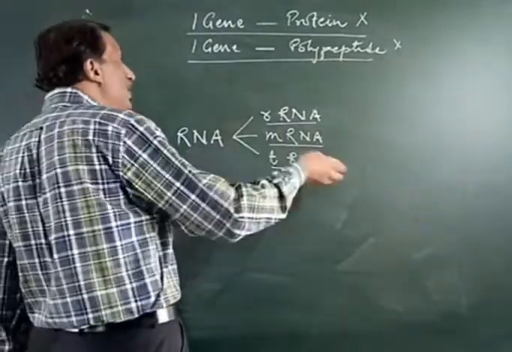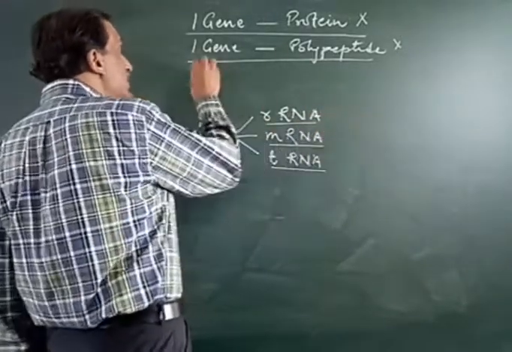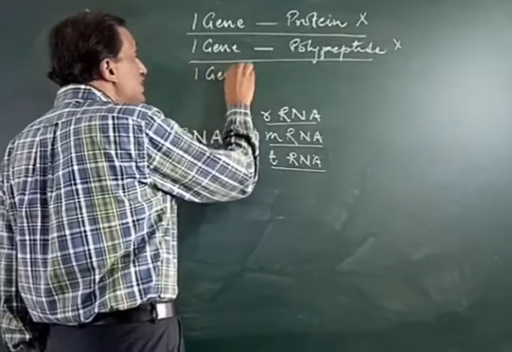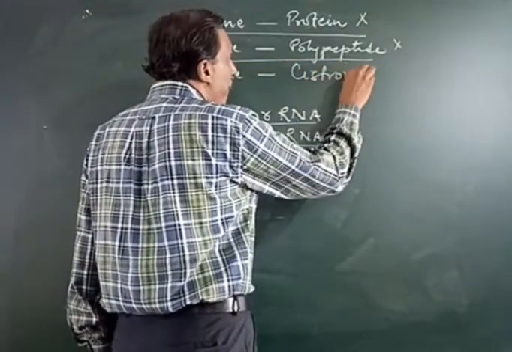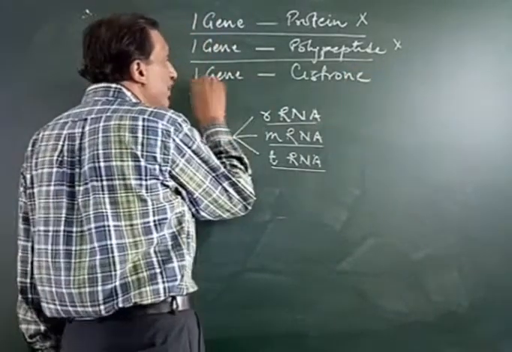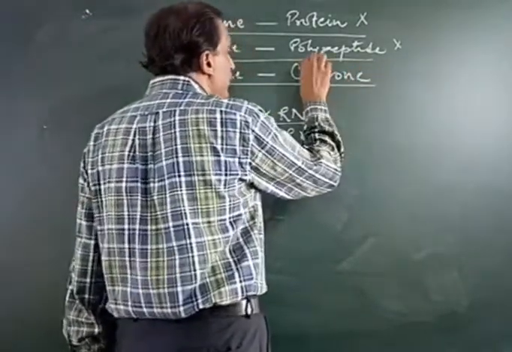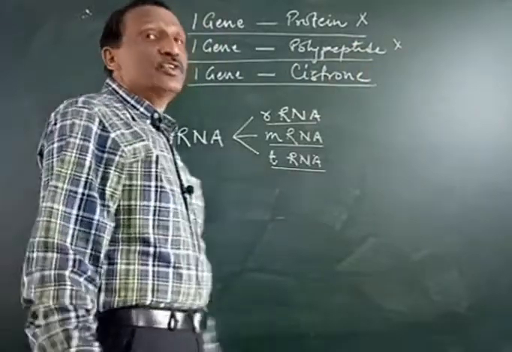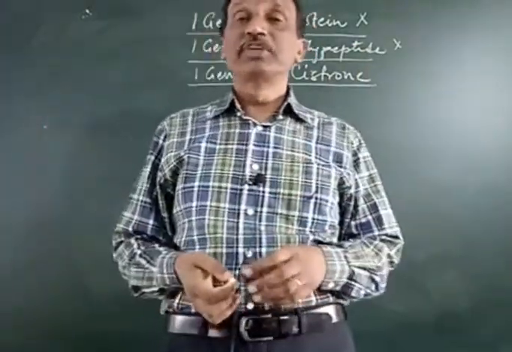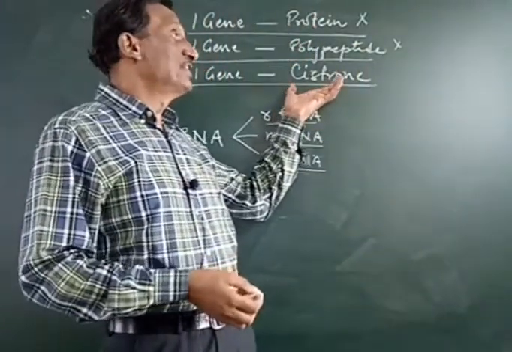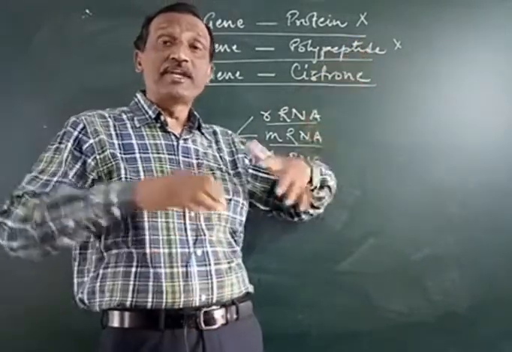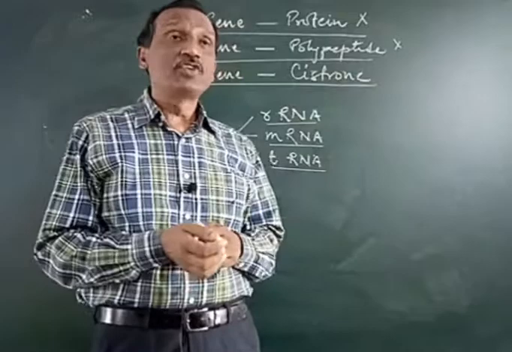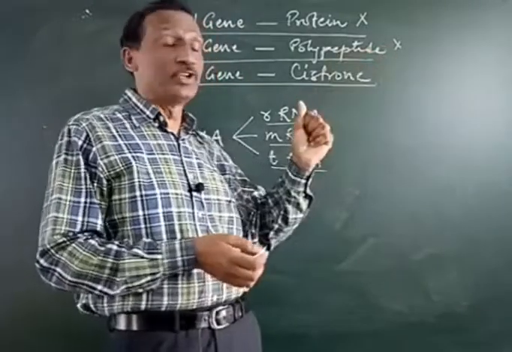So now we modified it as one gene, one cistron, that is a small segment of the polypeptide, and sometimes one gene may produce a polycistronic mRNA, that is one mRNA which may give rise to a number of proteins.